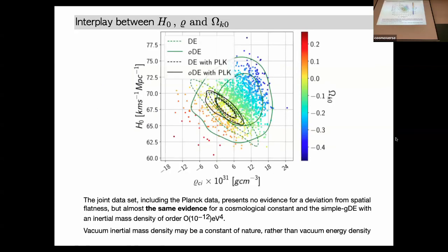As you've seen here, inside the 1 sigma we see positive values, the dashed black contour, on the order of 10 to the 31 gram per centimeter cubed. This is the positive inertial mass density of the vacuum energy. This is interesting because maybe not the vacuum energy density, but the vacuum inertial mass density is a constant of nature.